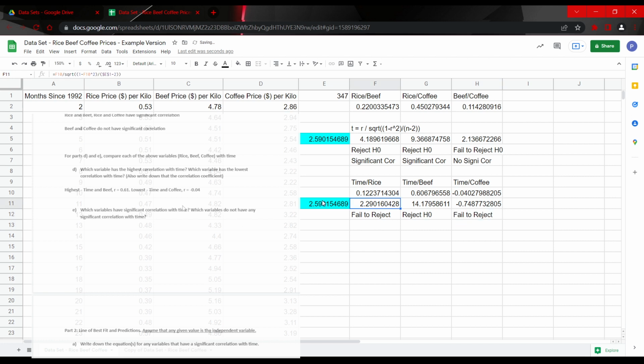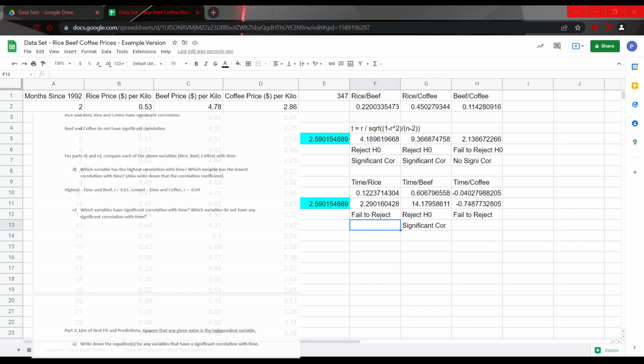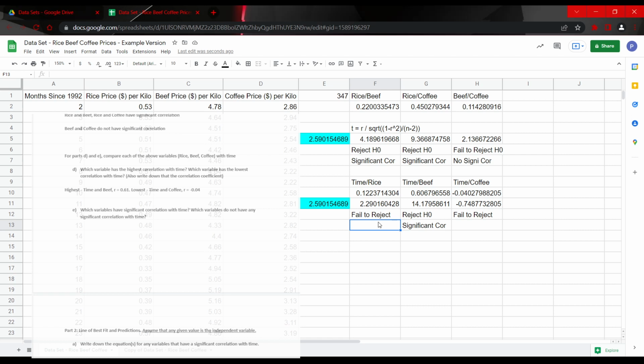An easy way to look at it is we know that these two are going to be between negative 2.59 and positive 2.59, right? And so we will fail to reject these two, which means that the only variable that has a significant correlation with time is beef. The other two do not have significant correlation.